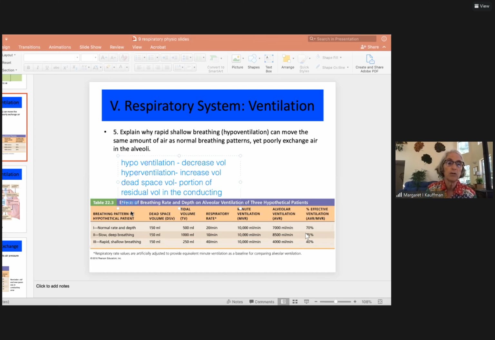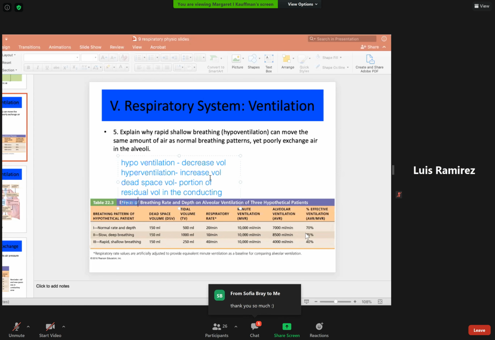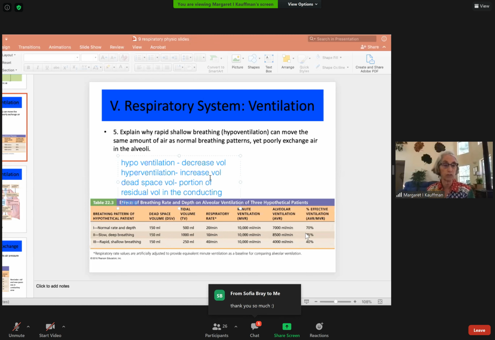So remember, hypoventilation is really talking about volume, because when you hypoventilate, you're less efficient. Your negative feedback loop that we're going to talk about next lecture is going to cause you to breathe faster, and it will try and cause you to breathe deeper.